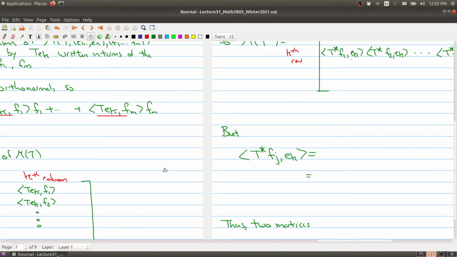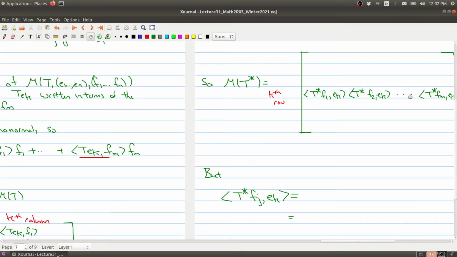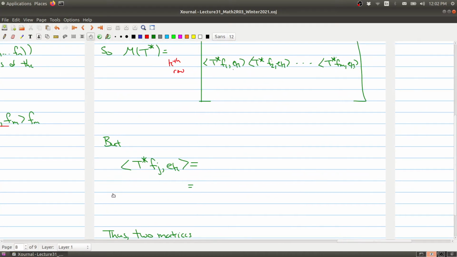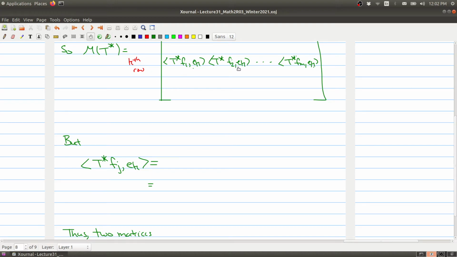Now what we want to do is say that the numbers on this row are exactly the same as the numbers in this column up to the complex conjugate. If we can do that, and it's true for every row and column, it's saying that one is the conjugate transpose of the other. To see why, let's look at one of these entries on this row, the jth spot.